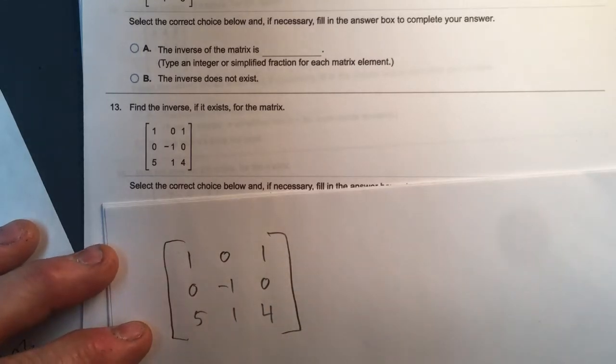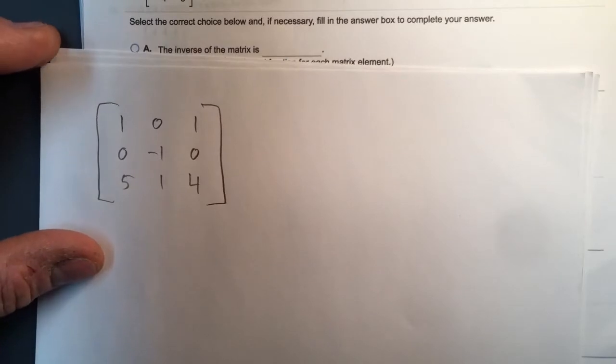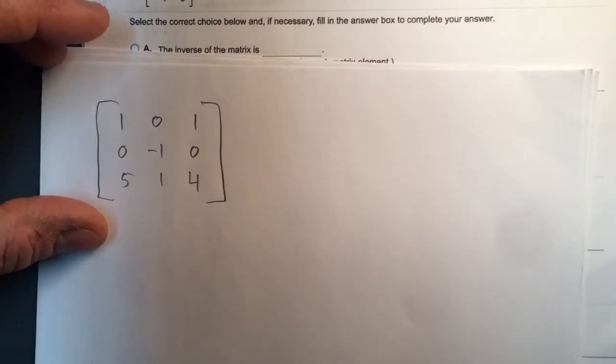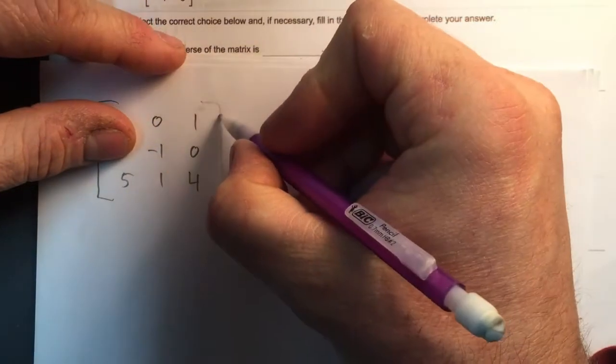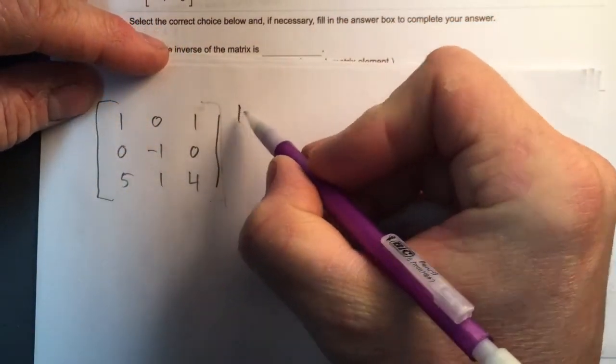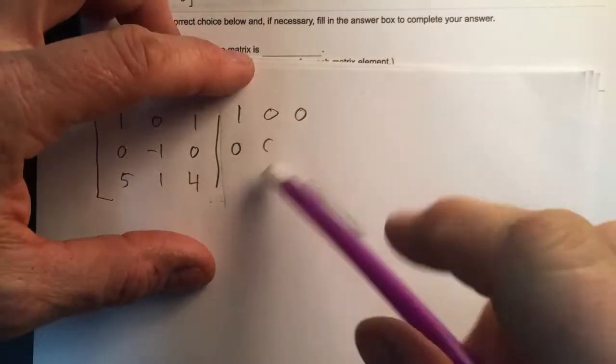I want to find the inverse of that. All right, well, what I'm going to do here is I'm going to erase this. And I'm just going to put a little line right here. And I'm going to put the identity over here on this side.